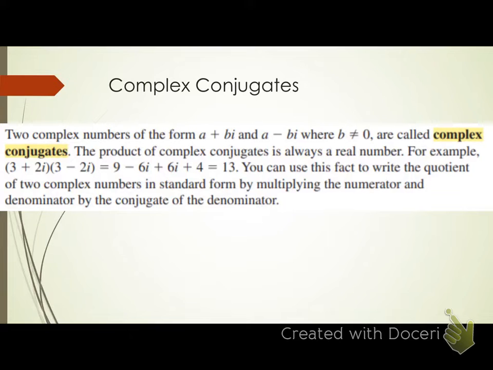A different sign in the middle of them, right? If they're of that form, where it's the same a value, same b value, but different signs, we call those complex conjugates. The product of complex conjugates is always a real number.